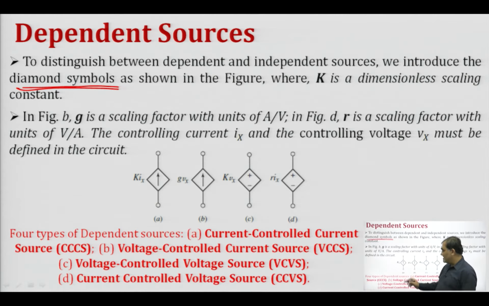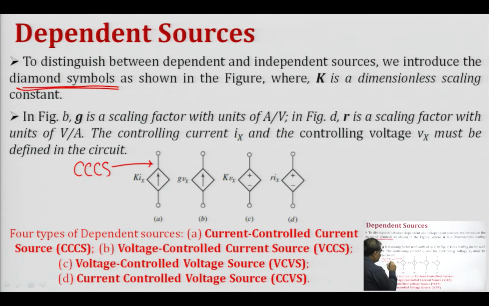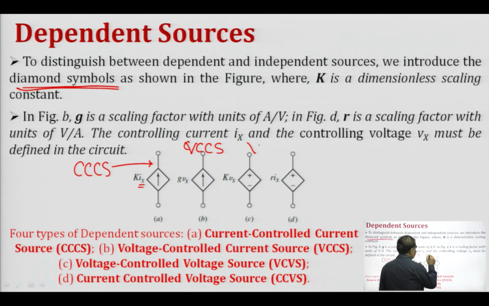This is a current controlled current source, because the controlling quantity is I x, which will be present at some other portion of the network. Then this will be a voltage controlled current source, then a voltage controlled voltage source, and this will be a current controlled voltage source.